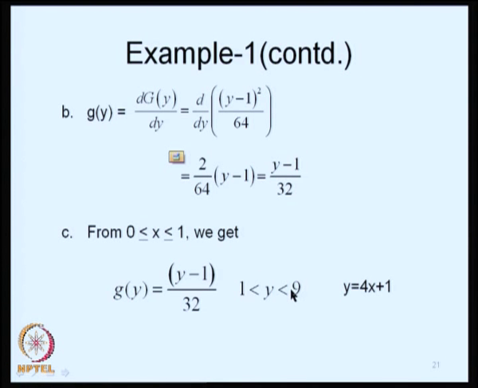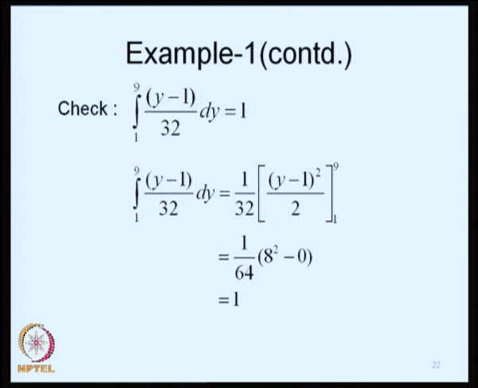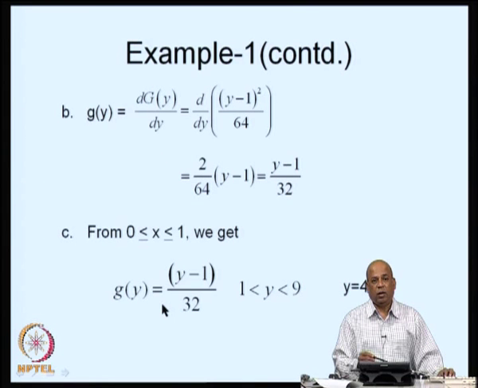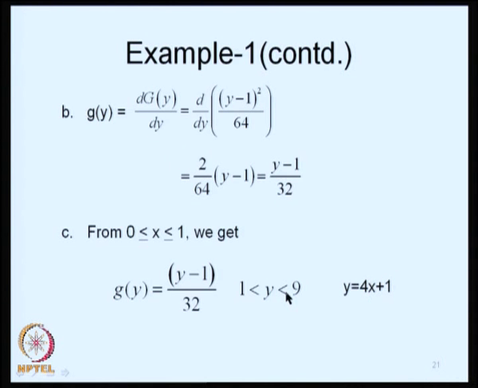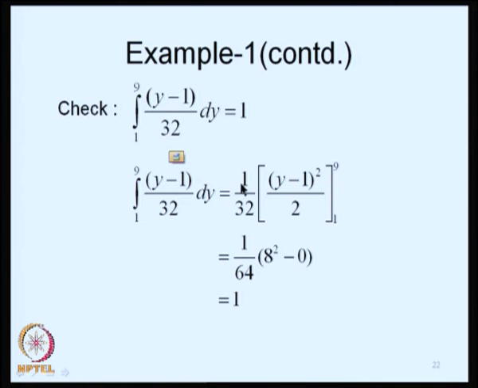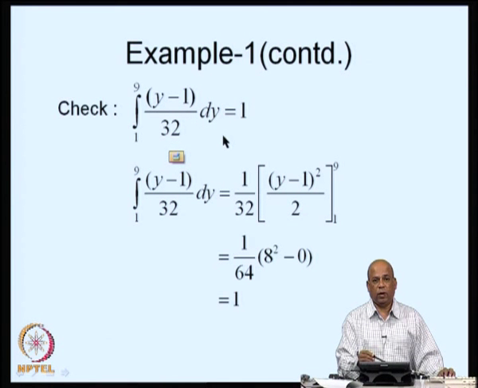If you put y equal to 9, you get a non-negative value, and therefore g of y is non-negative over the entire region. Then we also verify that the integral of g of y with respect to y over this entire region must be equal to 1. So, we verify that the integral of small g of y over the region 1 to 9 is equal to 1, which in this case turns out to be true.